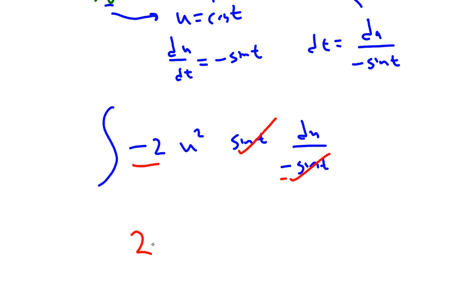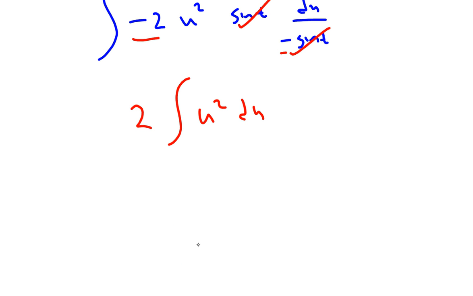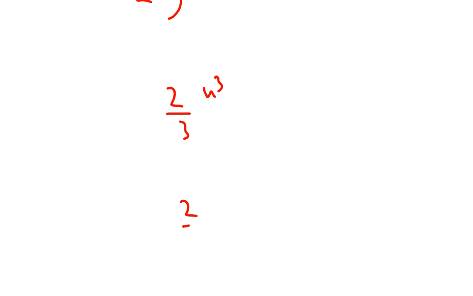So you end up with 2 times the integral of u squared du. But that's just 2u cubed over 3. Don't forget u is really cosine t, so this thing becomes 2/3 of cosine t quantity cubed. We're going to evaluate this from 0 to pi over 2.